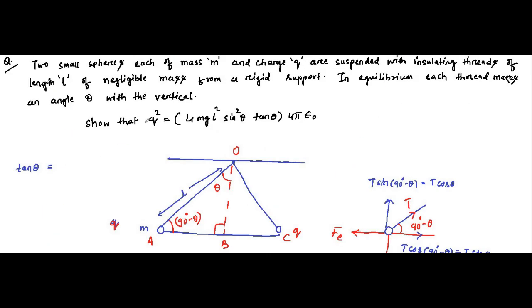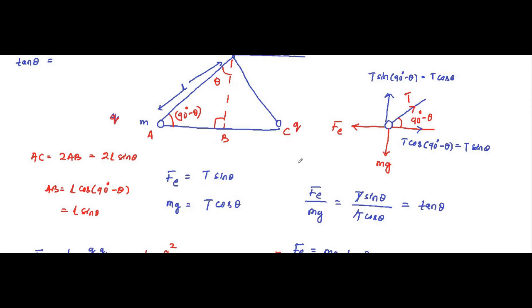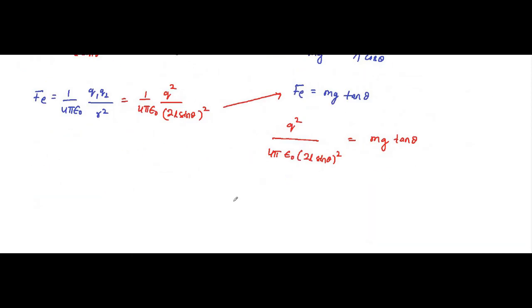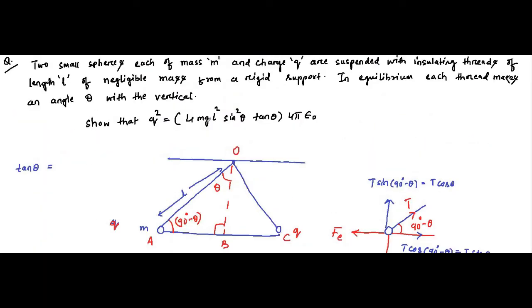We have to show that q square is equal to this much. So q square is equal to 4 pi epsilon 0 (2L sin theta) whole square mg tan theta. See if it is coming true or not.